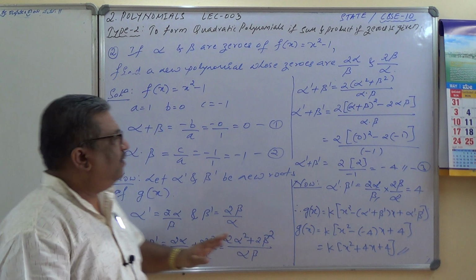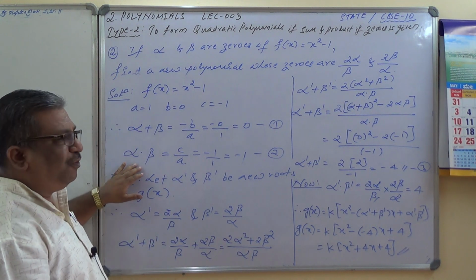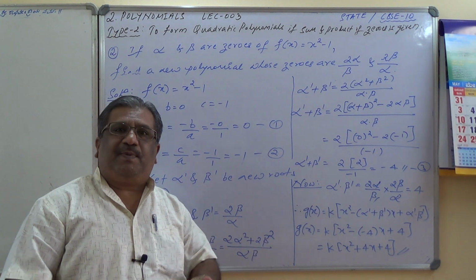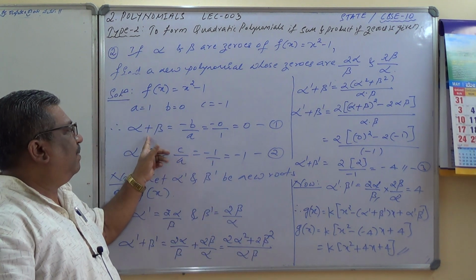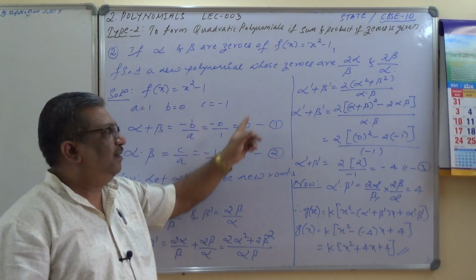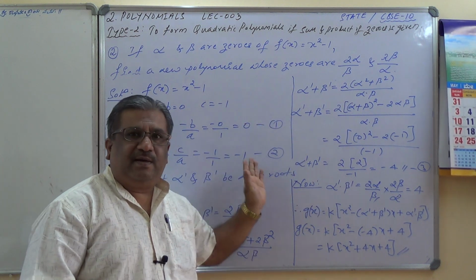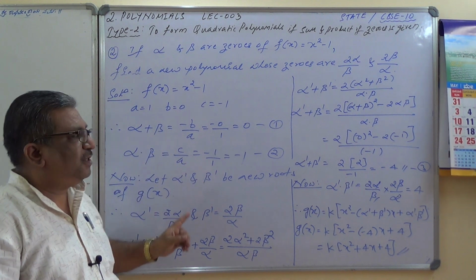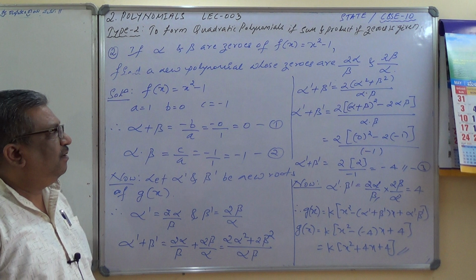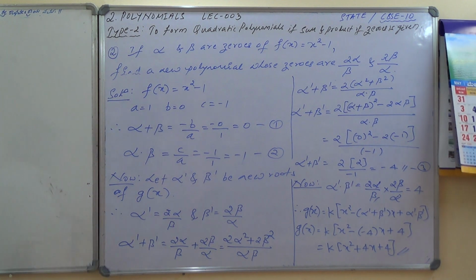In that case, you have to find out alpha plus beta, alpha into beta, and the new sum of zeros, new product of zeros must be expressed in terms of sum of zeros and product of zeros of the given polynomial, and then you can form the new polynomial. Very interesting. Make sure that you know this process very thoroughly. All of you should know this method, how to solve this. Okay, fine. So note it down.